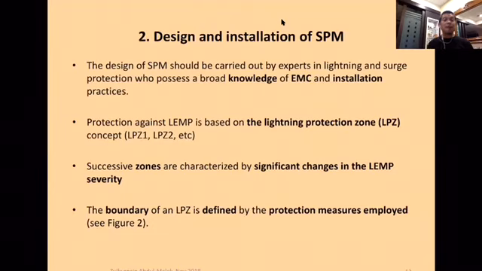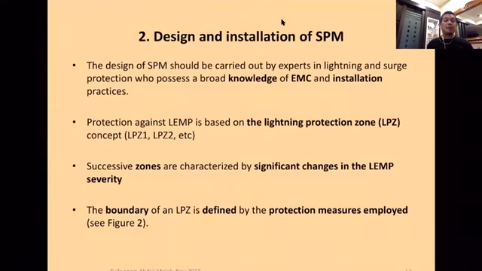So if you want to consider radiation of magnetic field, you want to shield your equipment from radiation, you should shield them. So the zone is defined by shielding. But if you want to just consider the conducted surges into your equipment, there's no radiation.